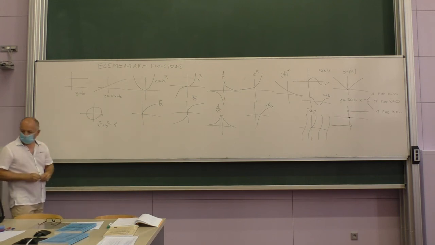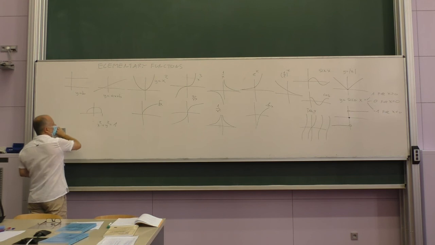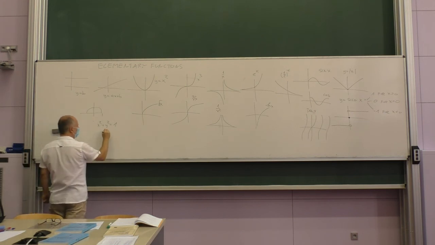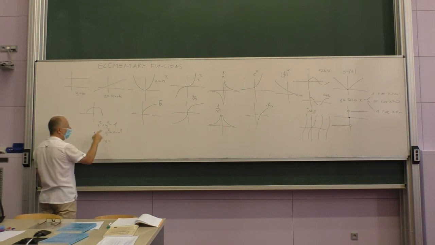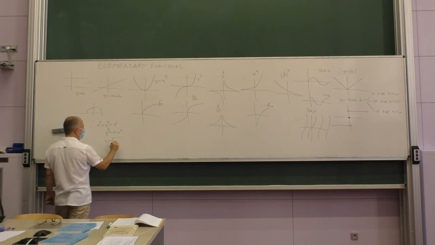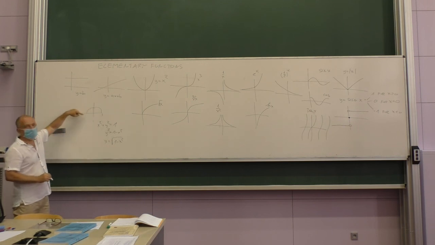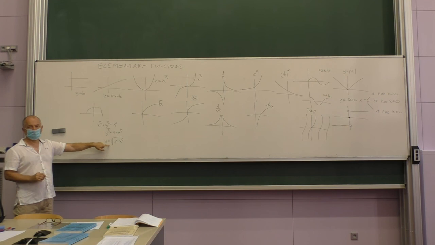But what we can do is to consider only the upper half of the circle, and if we solve this for y, and we take non-negative y, we have y is the square root of 1 minus x squared. So this upper part of the unit circle is the graph of this function.